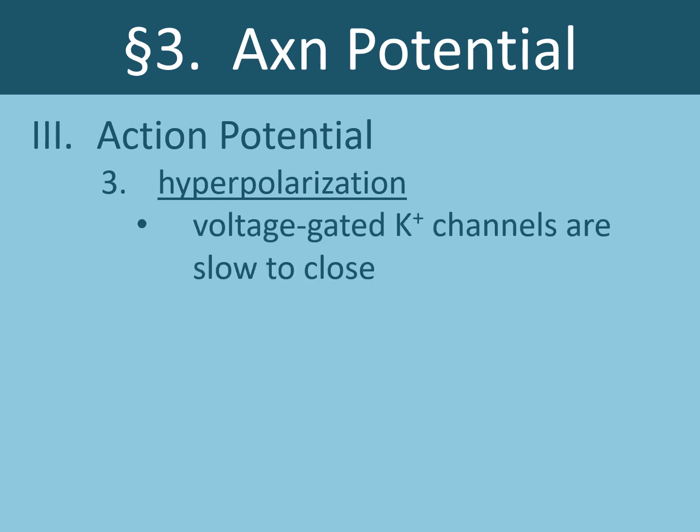Again, voltage-gated potassium channels are fairly slow to close, and they allow an extra amount of potassium to leave the inside of the cell. That causes the inside to become even more negative than it was at rest. Recall that rest was about negative 70 millivolts. So in hyperpolarization, the inside becomes about negative 80 millivolts.